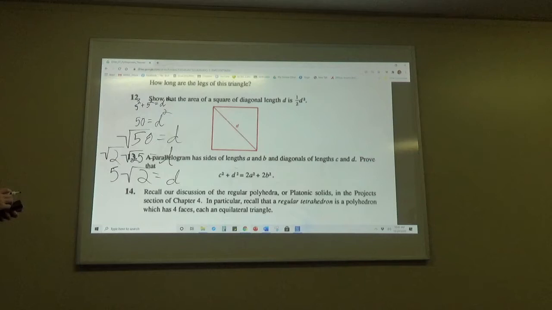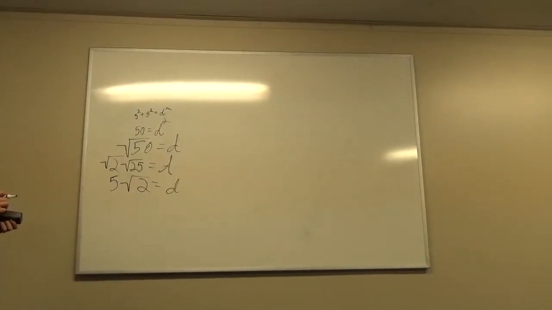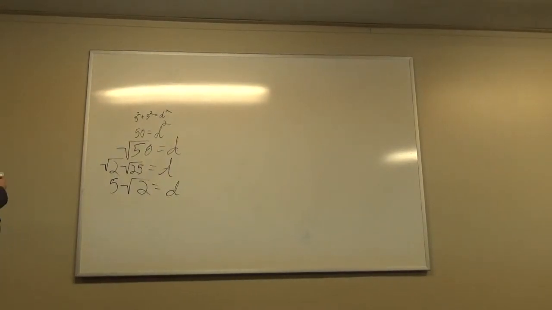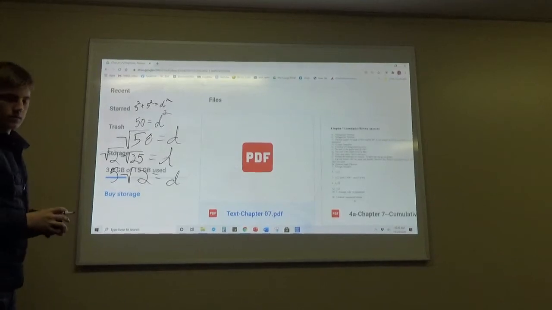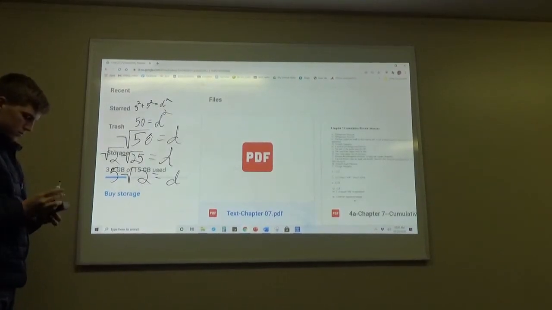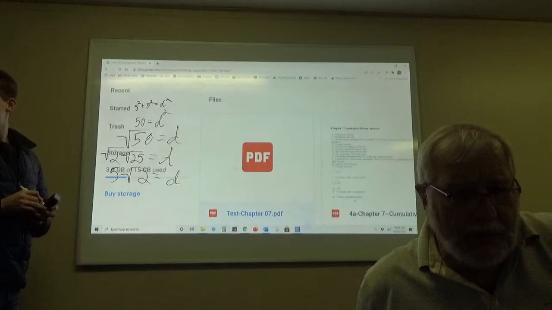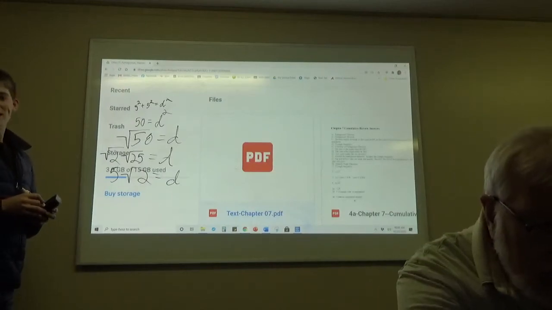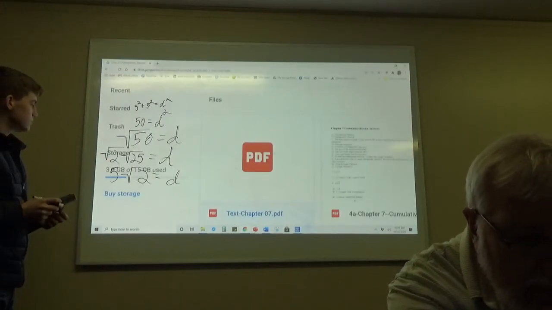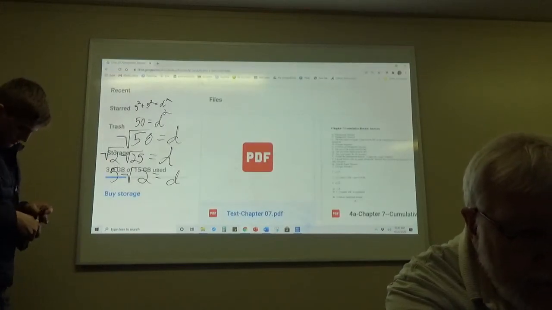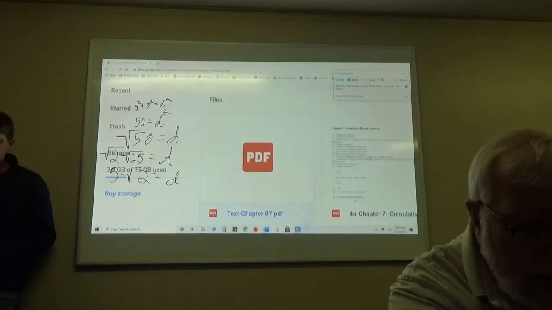All right, so in that particular problem, what happens if you put an x for the side of the square? Whoa, what happened? Where'd it go? Disappeared. Oh man, I hate this.